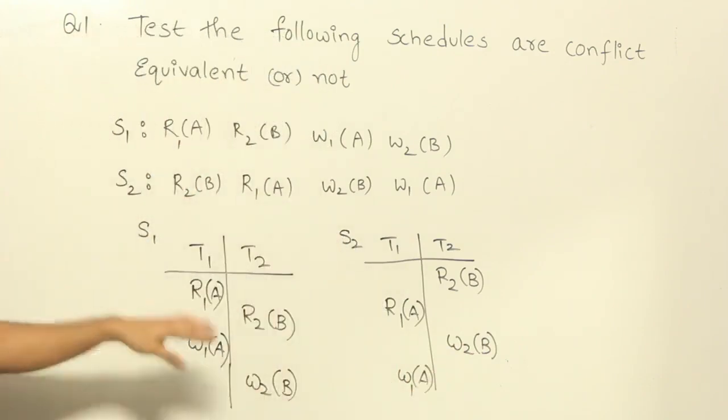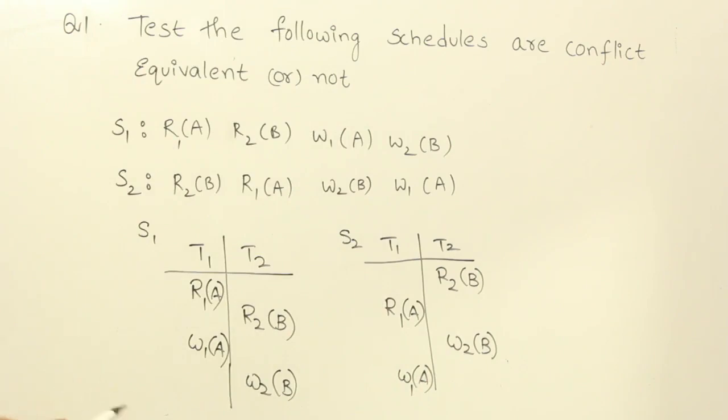Got it? So this is how you can write it. Then you can see where the conflicting actions are and compare them appropriately, or if you can do it directly, it is up to you.